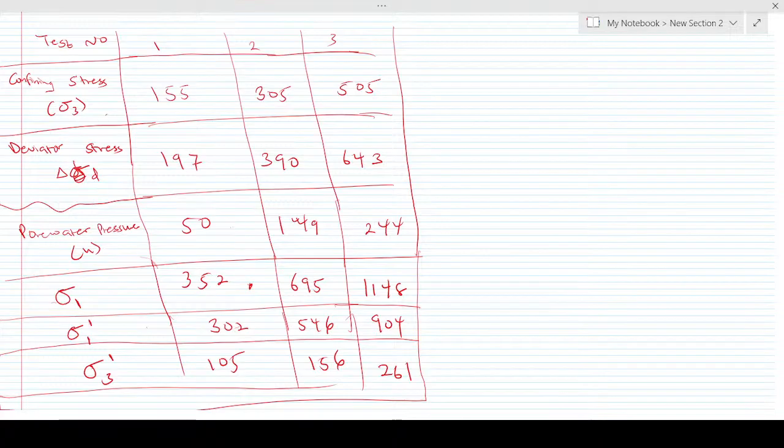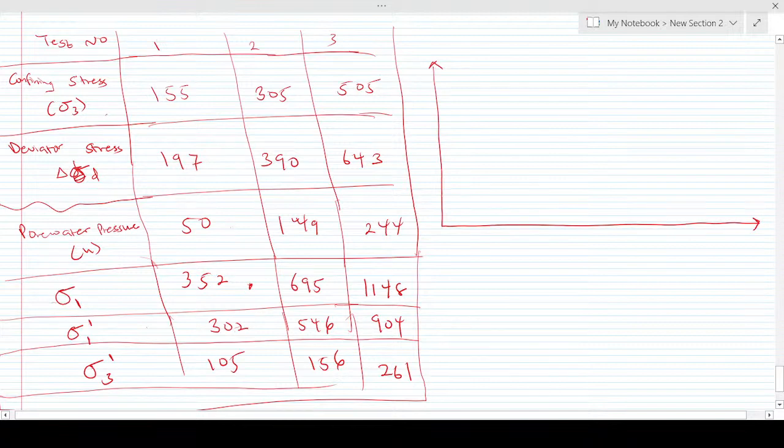So we are going to just plot circles. Okay, so you are going to draw a graph. I'm just going to do a sketch. If you have a graph, you can just go ahead and practice.